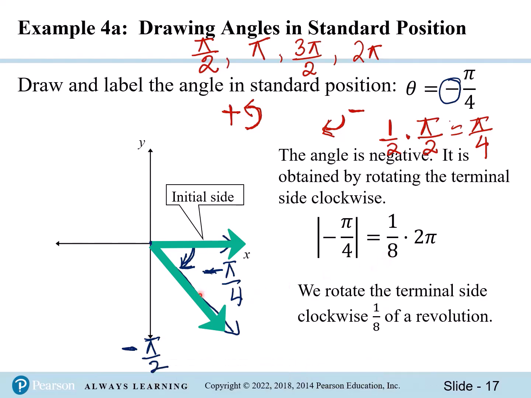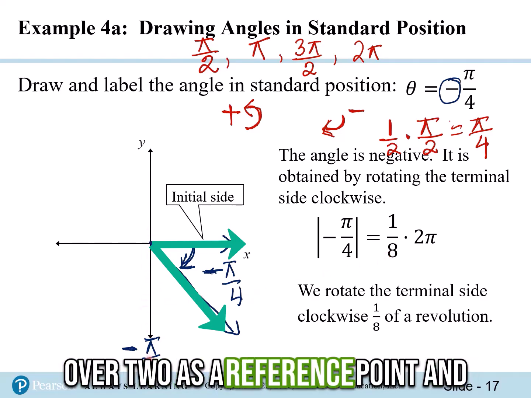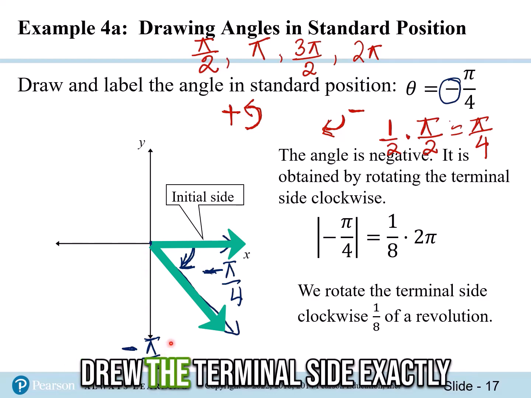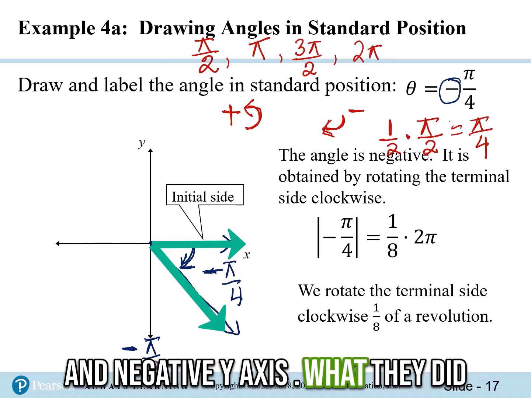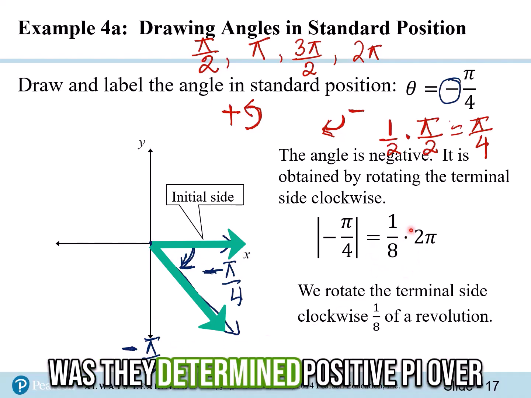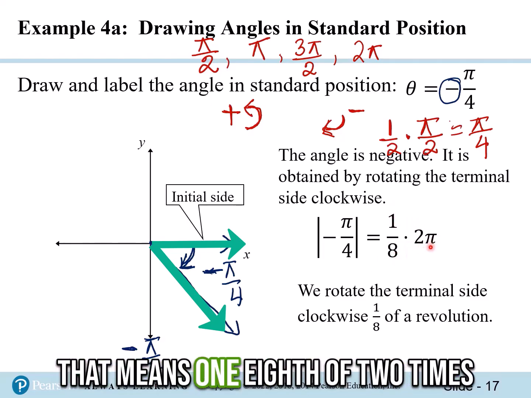I used the quadrantal angle of negative pi over 2 as a reference point and drew the terminal side exactly midway between the positive x-axis and negative y-axis. What they did was they determined positive pi over 4 to be 1/8 times 2 pi. That means 1/8 of 2 times pi.